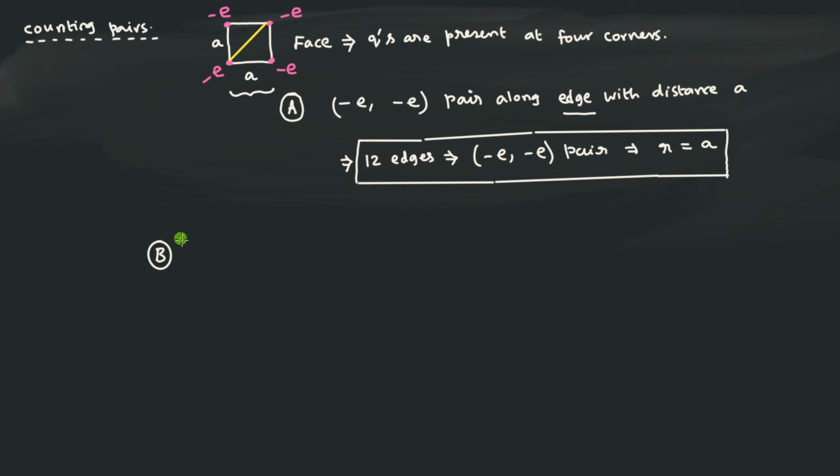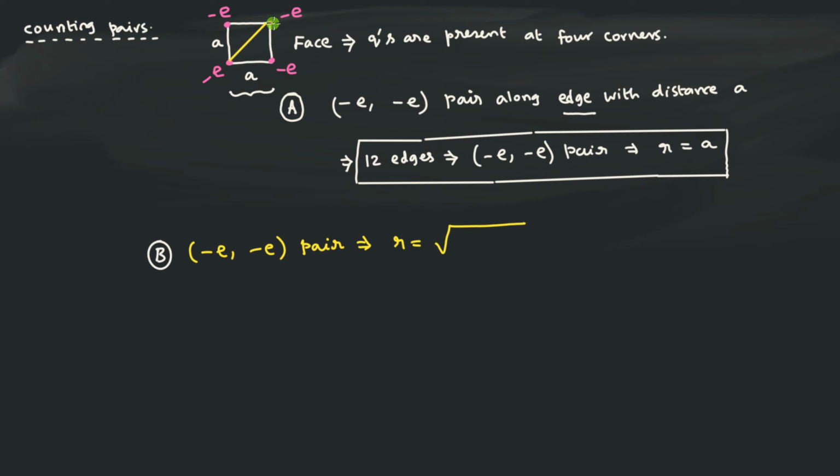If you are going to connect them, what happens is, this is the B I am writing. Now also I will be having a minus E comma minus E pair. So once again I have the same pair here. That means minus E comma minus E will be the pair. But what will be the distance between them? This distance, the yellow color line. When you draw a yellow color line, the distance will be given by square root of, you consider this triangle.